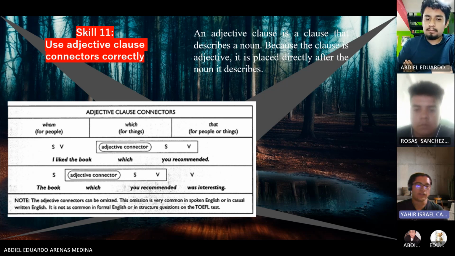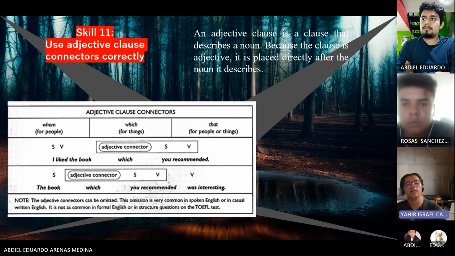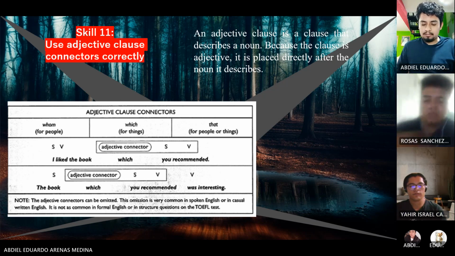This is the common adjective connector usage: I like the book which you recommended, or the other example, the book which you recommended was interesting. Another example: the book which is on the table has five sections. Next.